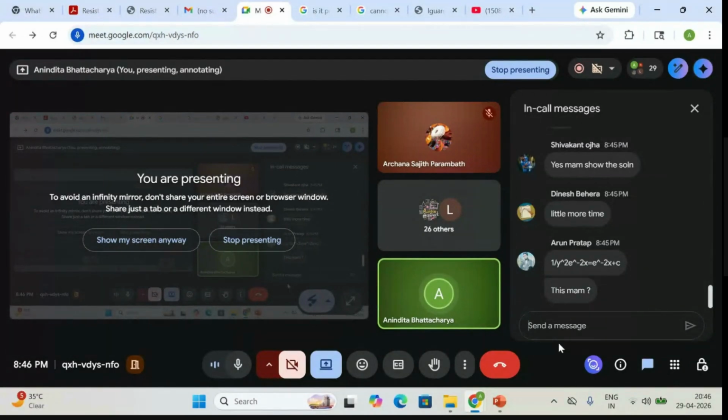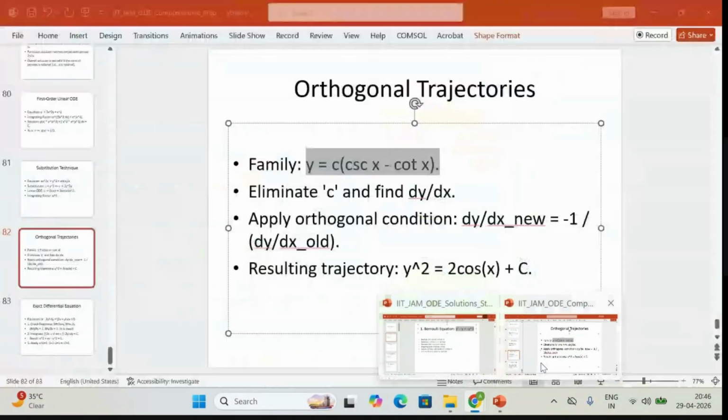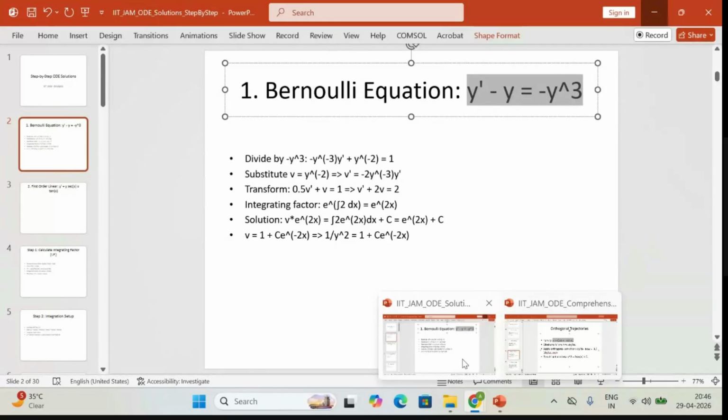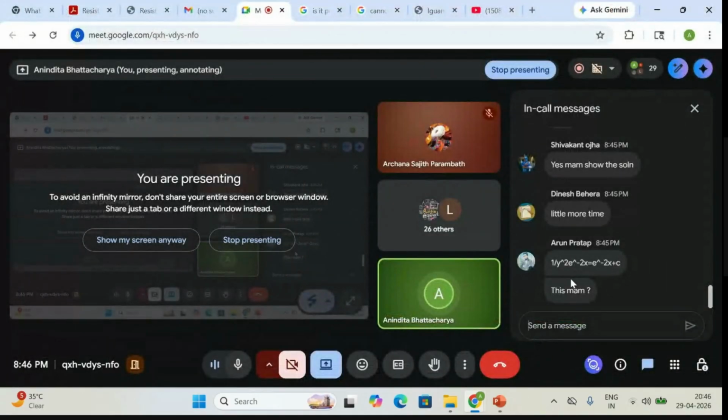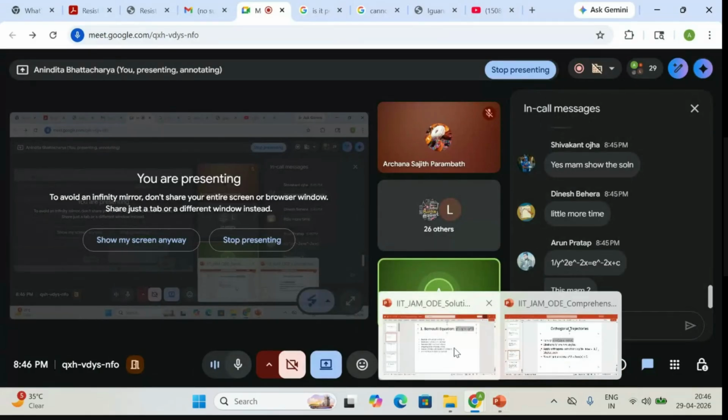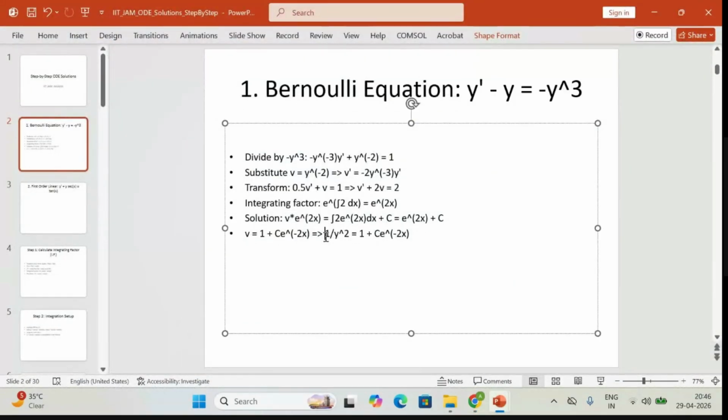I'm checking your solution. I'm copy pasting my solution and seeing whether those two are equal or not.